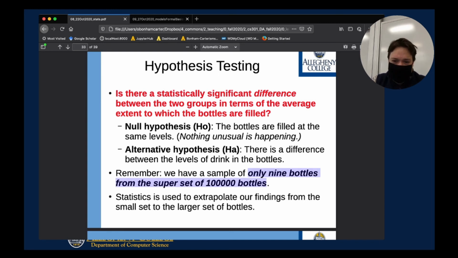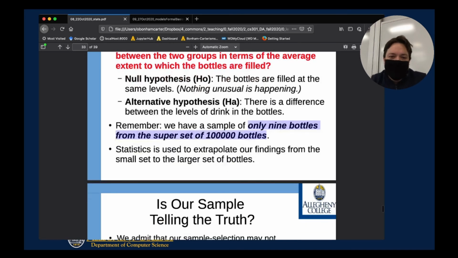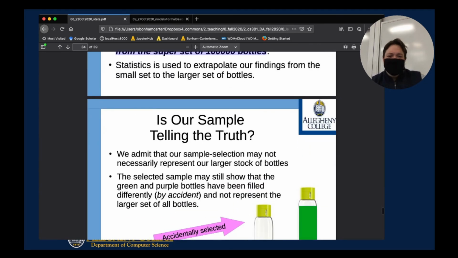So you just have to select some different data sets, and then you run the same test over and over again. And the idea is that after you've run enough tests, you should eventually be satisfied that you've figured out whether there is a difference between the amount of liquids that you have. So we're using these statistics to extrapolate.